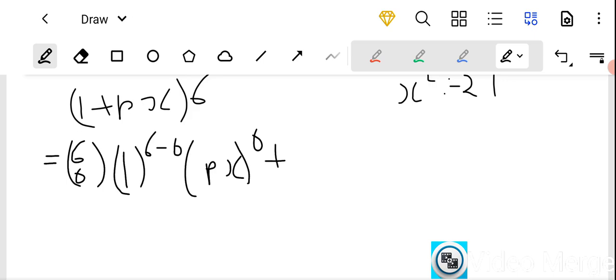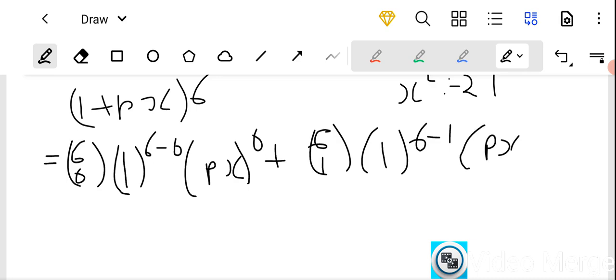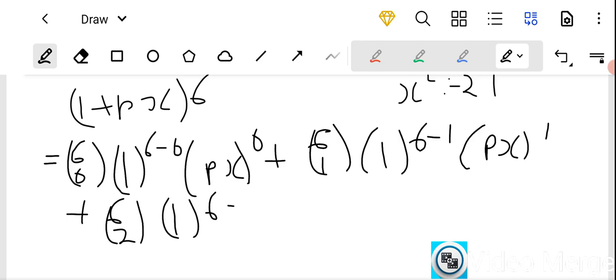Plus 6 combination 1, then 1 to the power 6 minus 1, then px to the power 1, plus 6 combination 2, then 1 to the power 6 minus 2, px to the power 2.